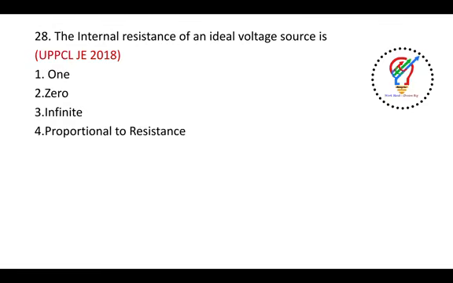Next question, the internal resistance of an ideal voltage source. What is an ideal voltage source? Let me take a voltage source which has some internal resistance, which we can call RS, and this is VS. If it is an ideal voltage source, the resistance RS should be equal to 0.